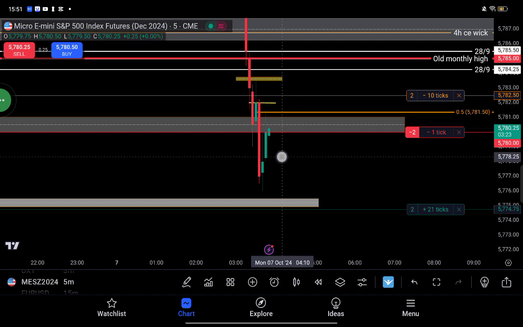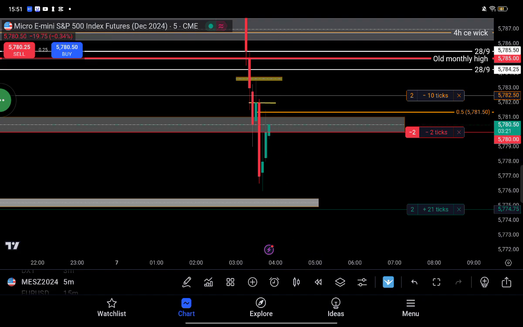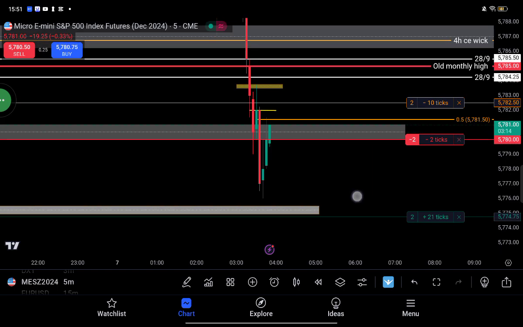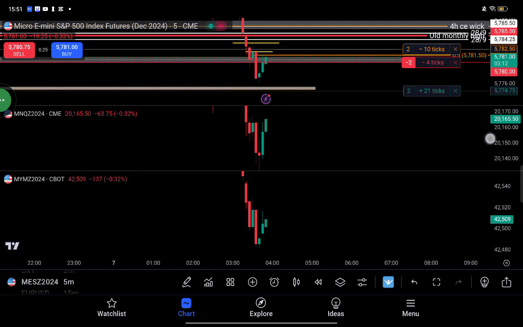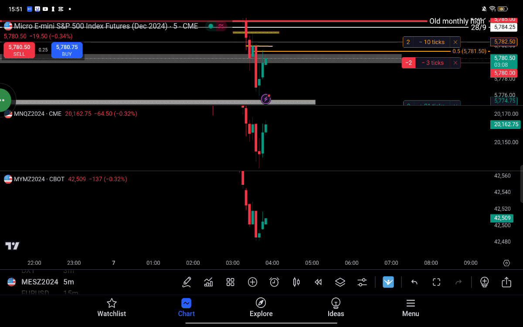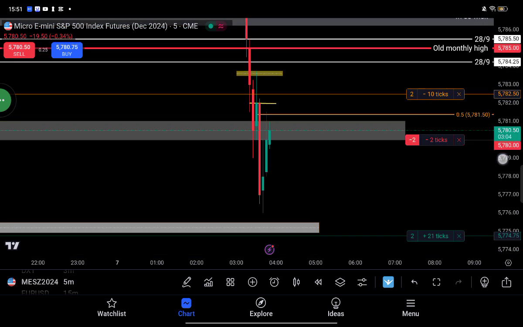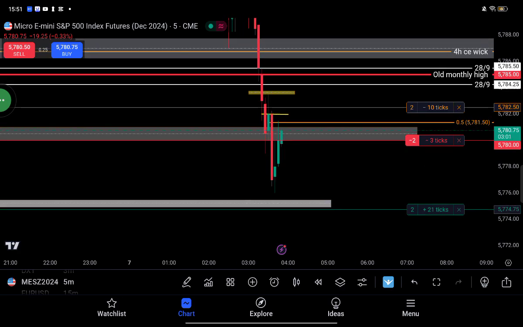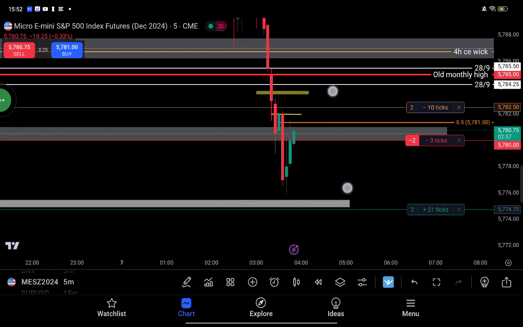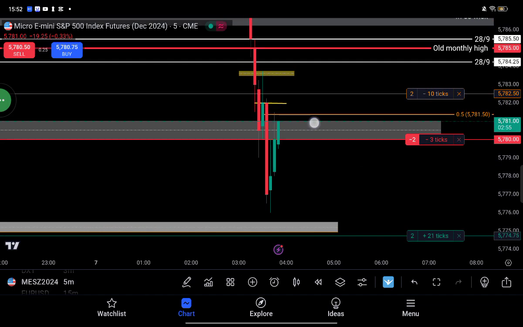And I want to see speed through this volume balance. So right now I'm looking at this CE wick. Do we reject that?